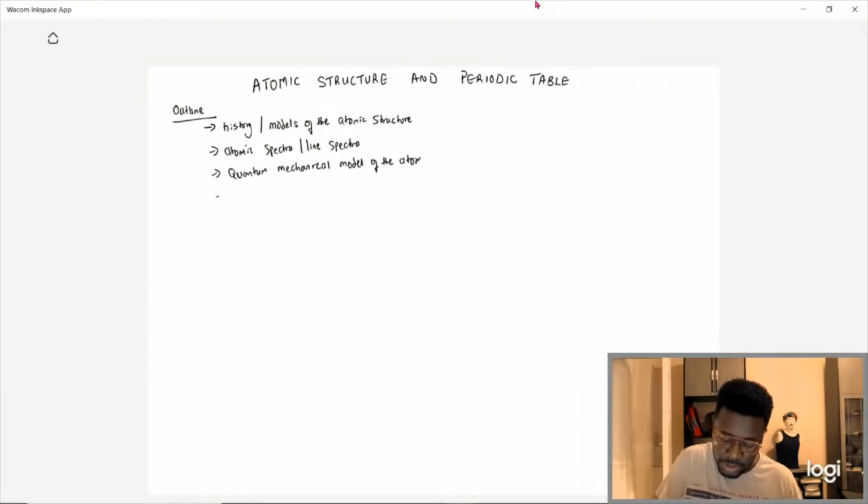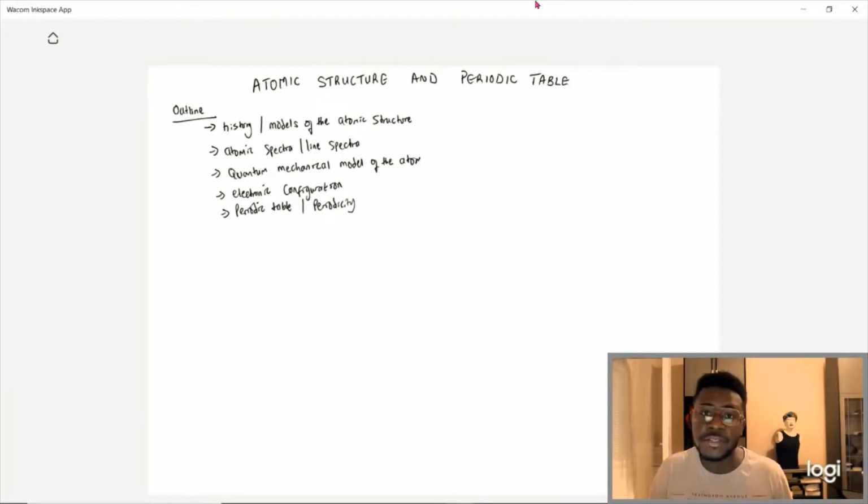Then we're going to talk about electronic configuration. And periodic table or periodicity.